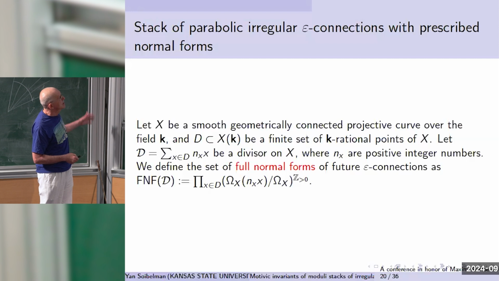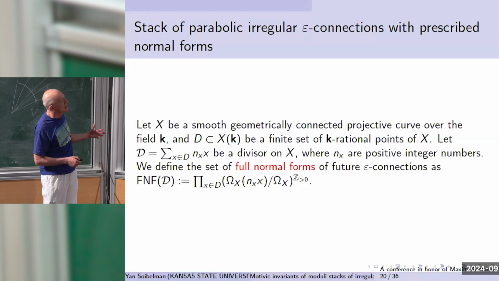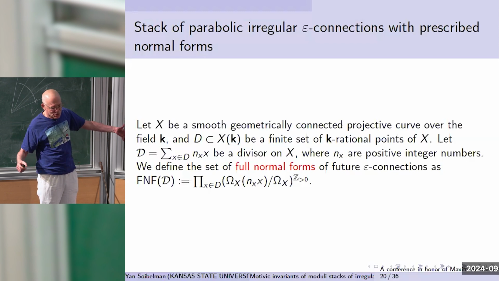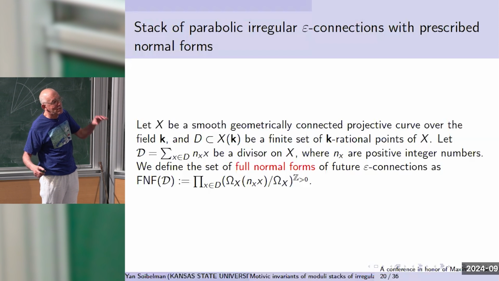And actually, technically, in our paper, we need a relative version when we have two divisors. And the idea is that the big divisor controls poles of, for example, the Higgs bundle or the connection, but we have a smaller divisor where we can put a parabolic structure.